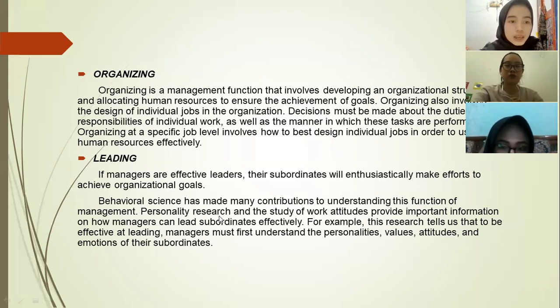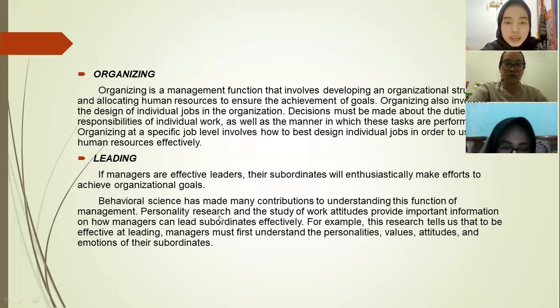Leading. If managers are effective leaders, their subordinates will enthusiastically make effort to achieve organizational goals. Behavioral science has made many contributions to understanding this function of management.